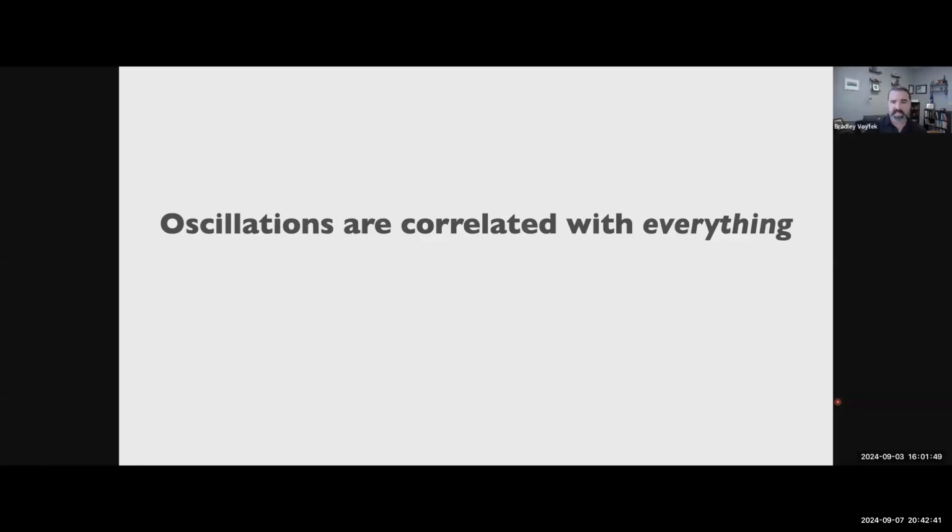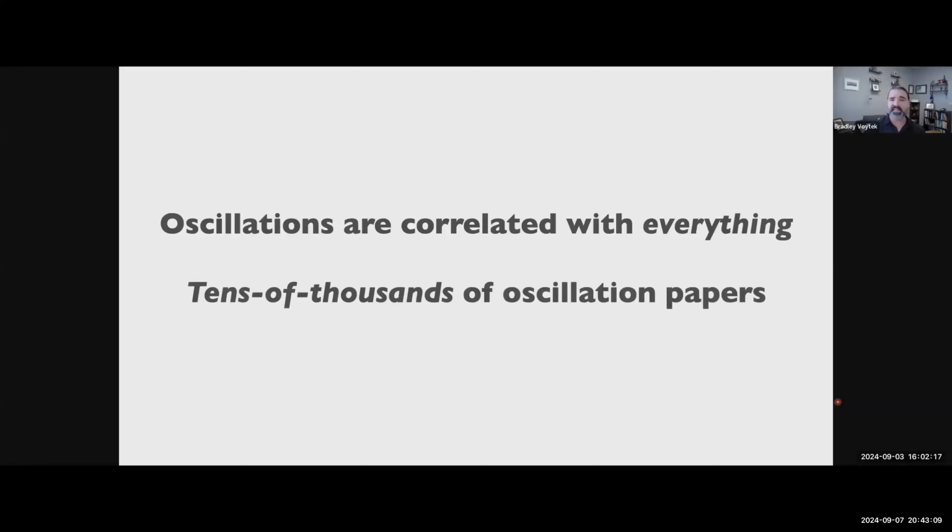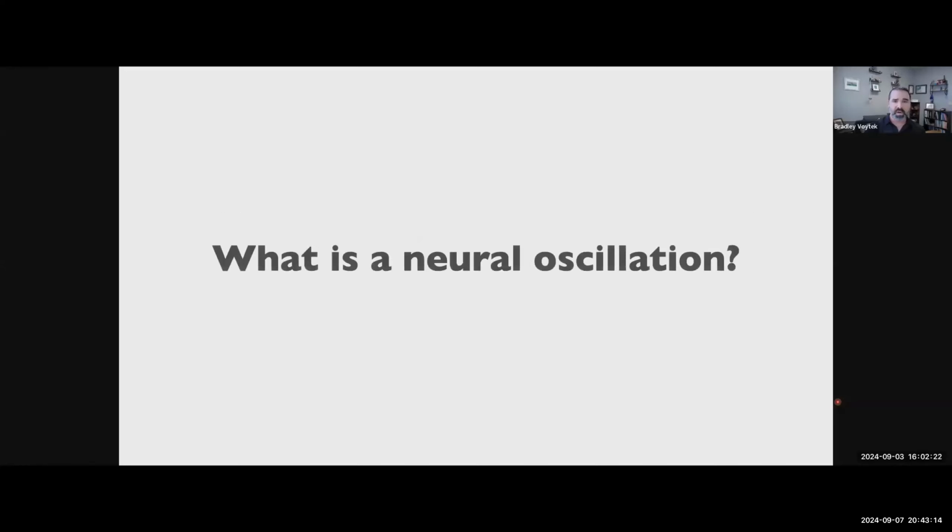If you go to Google Scholar or PubMed or your favorite peer-reviewed paper search engine, and you type in your favorite oscillation frequency band, delta, theta, alpha, beta, gamma, and you type in your animal model or cognitive behavioral state or disease of interest, you will see that just about everything is correlated with everything. And there are tens of thousands of papers on oscillations. And so I'm left just wondering, what is an oscillation? What do we mean by a neural oscillation?